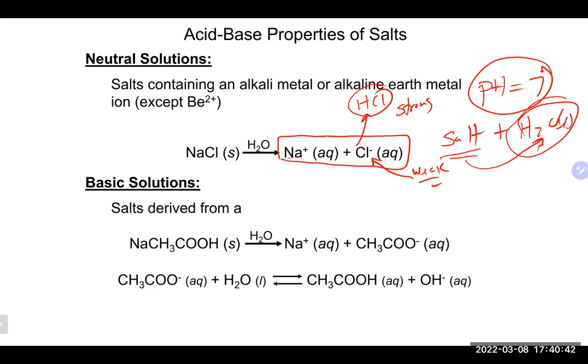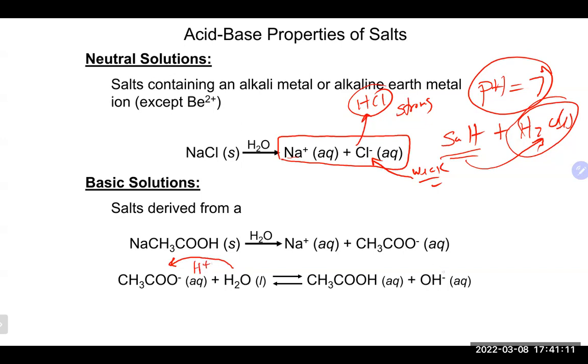Now, if the salt originates from a weak acid, then its conjugate base, which would be part of the salt, would go through hydrolysis. It would go through hydrolysis, reacting as a base, which means it will accept an H plus from water, which is what we see here on the bottom. So the acetate here, which comes from acetic acid, will pick up the H plus from the water.